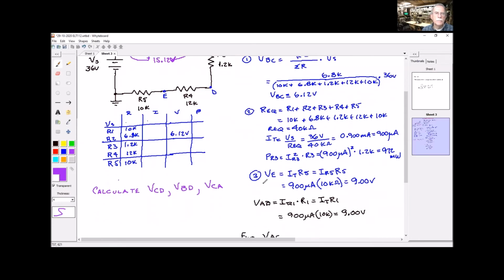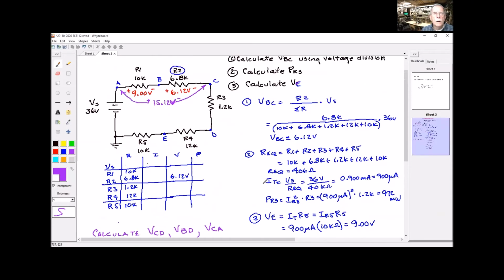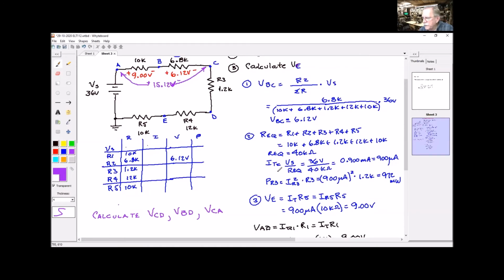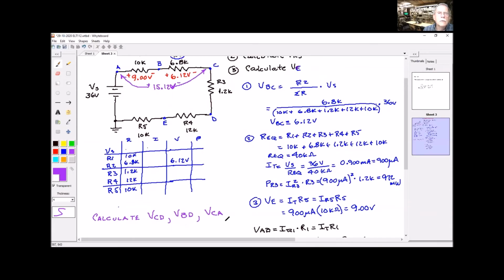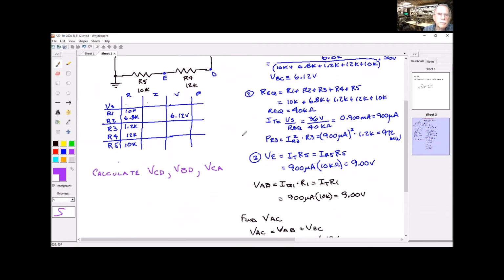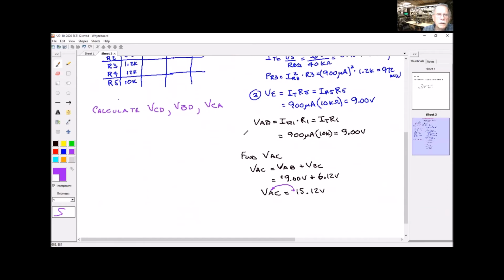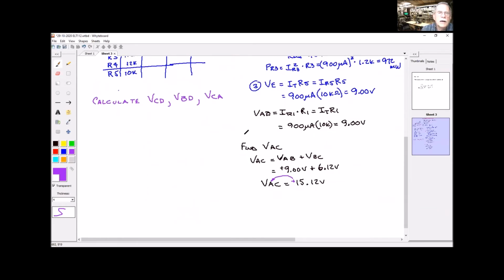Let's take a look at it. There's a bunch of different ways you could solve for VCD, but the easiest, since we already have the current, is to say that VCD is just I sub R3 times R3, which is IT times R3. Somebody's going to make the argument that if we use voltage division, the advantage to voltage division is that we're using all given values.